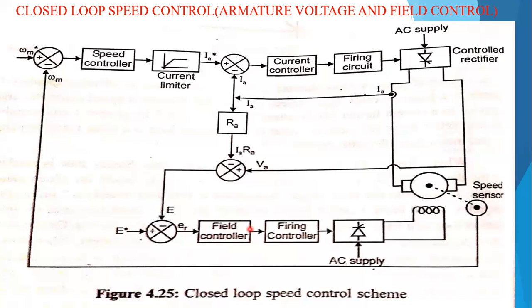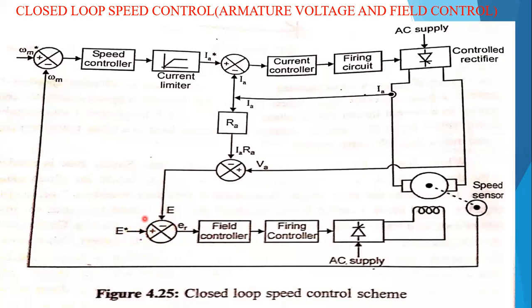By changing the armature voltage and armature current, the speed of the motor can be controlled, maintaining the field current constant. So the field current we have to maintain constant. How? The back EMF E is compared with the reference back EMF E star, which is chosen to be between 85 to 95% of the rated armature voltage.